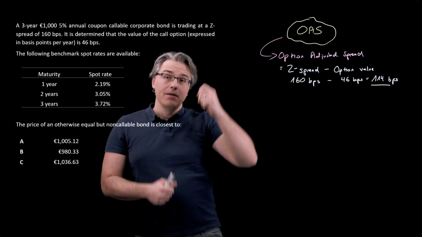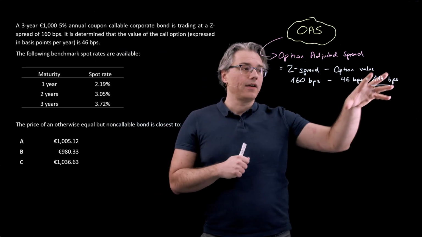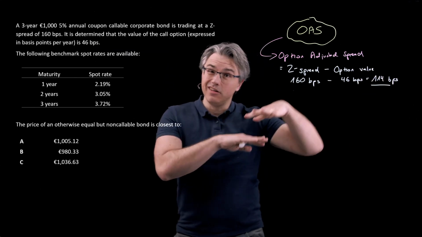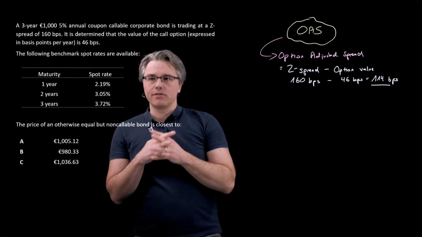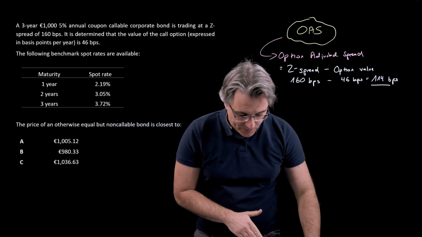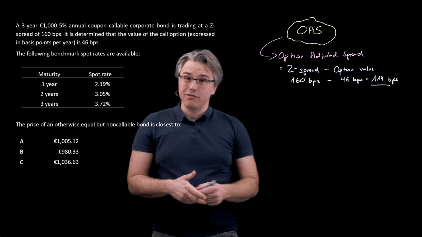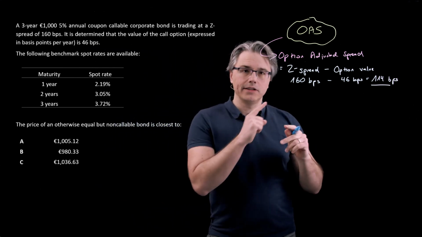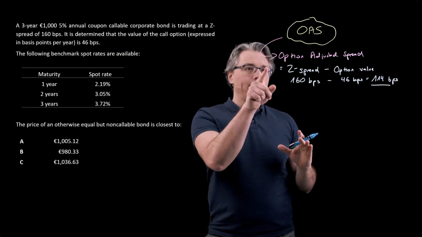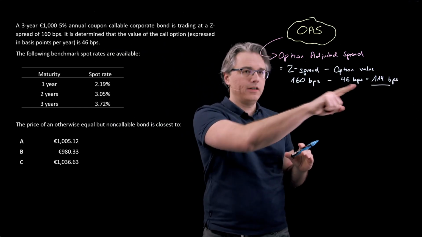Now, obviously, because we're going to be discounting using a slightly lower discount factor, we're going to get a higher result. And that's absolutely perfectly fine. And after we've done the discounting, I'm going to explore that notion a little bit more. So for now, option adjusted spread is defined like so.